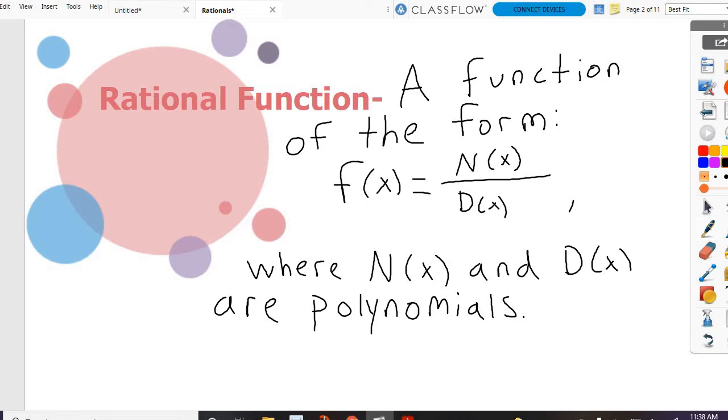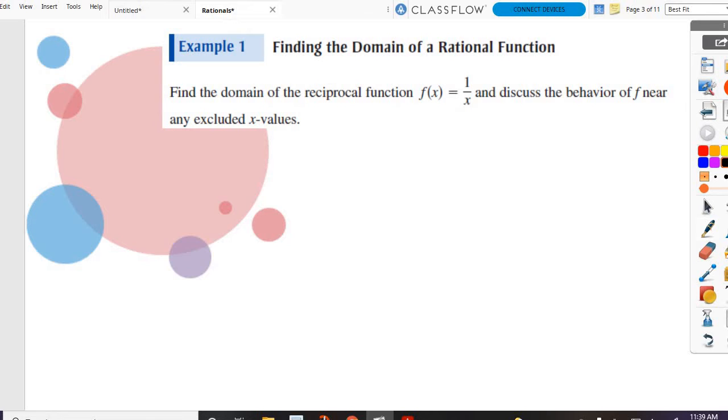So, one of the simplest forms of a rational is our reciprocal function, which is just 1 divided by x. So it tells us to find the domain of the reciprocal function and discuss the behavior of f, which is our y values, near any excluded x values. So what do we need to find first?